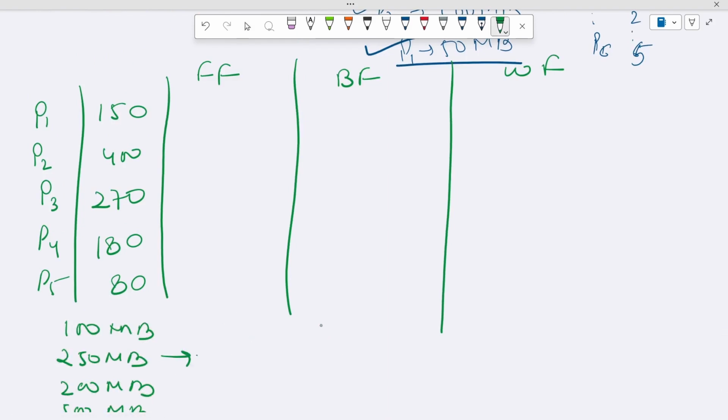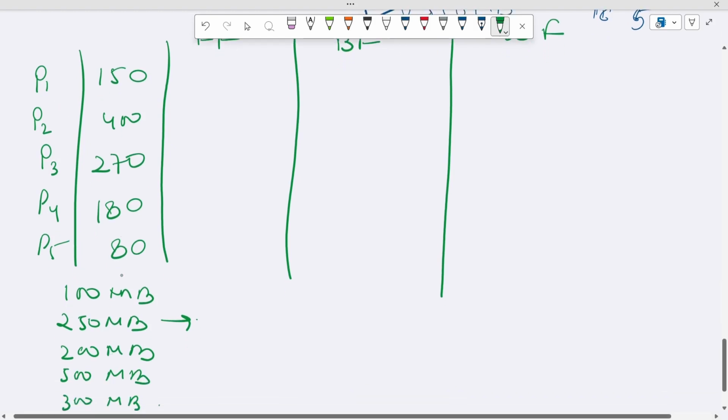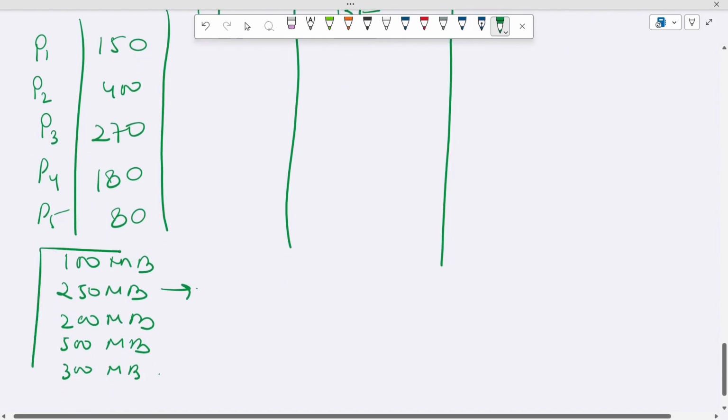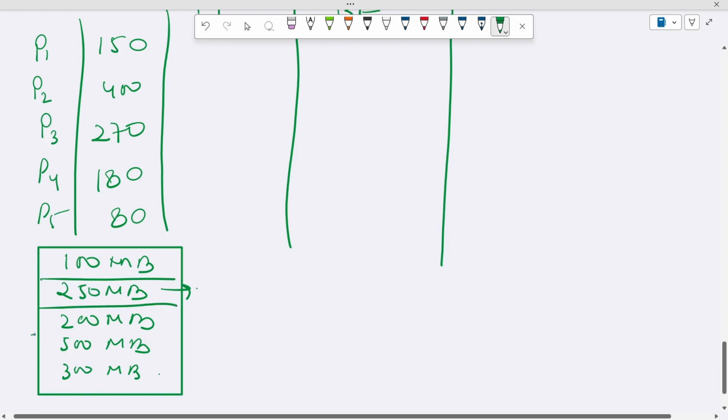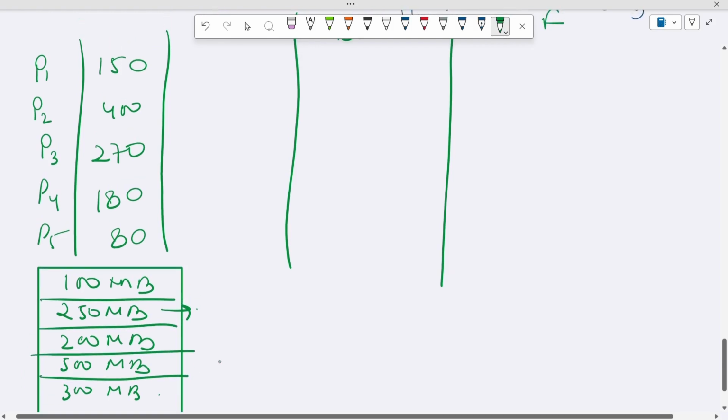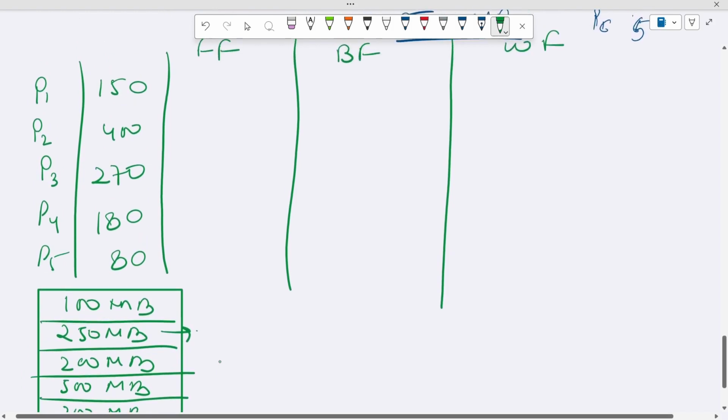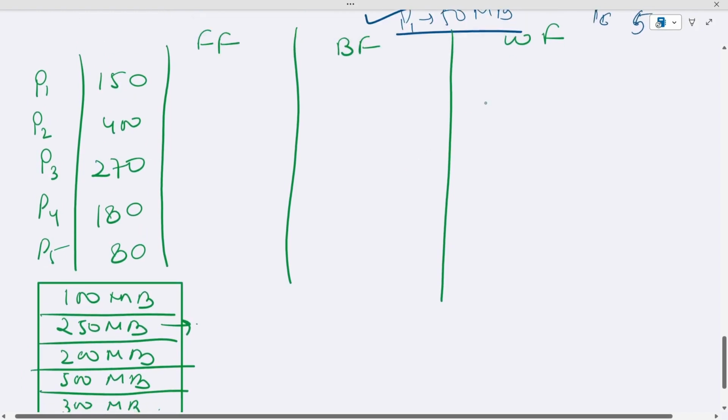Now, first of all, you have to apply the first process. P1 is the process that comes first. So I write it like this. Okay. So now we're going to apply first fit. Okay.